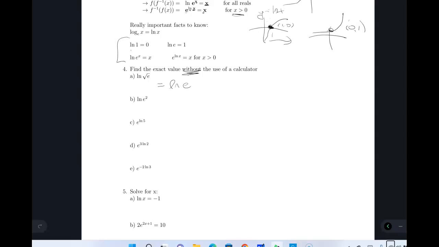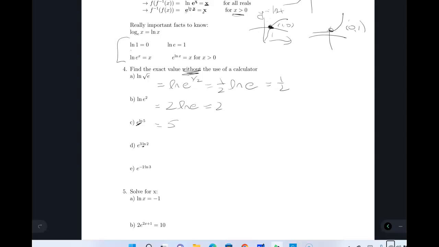This is ln of e to the 1/2 power. Let's bring that 1/2 power down in front, and I get 1/2 times ln of e. ln of e is 1, so I get 1/2. Similar for this one, I can bring that 2 down in the front. That's just 2. This here, the ln and e cancel, so I just get 5.